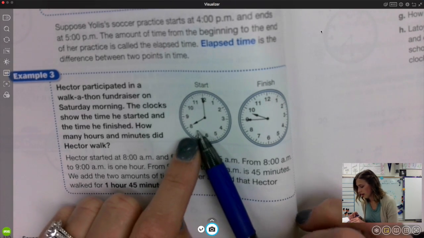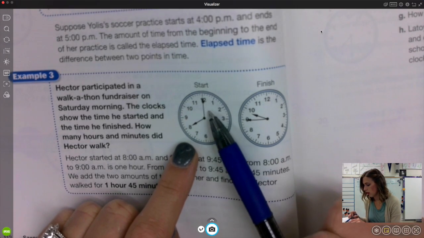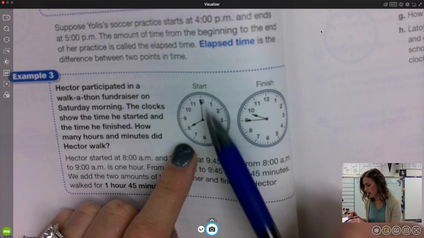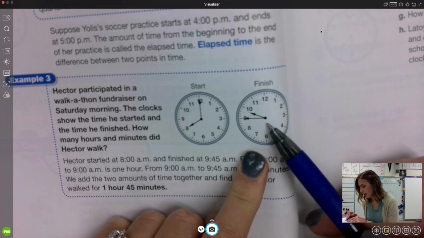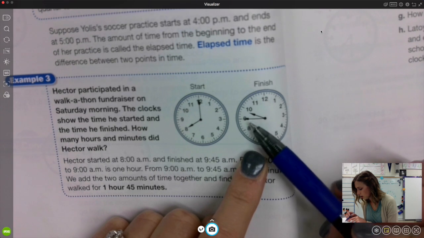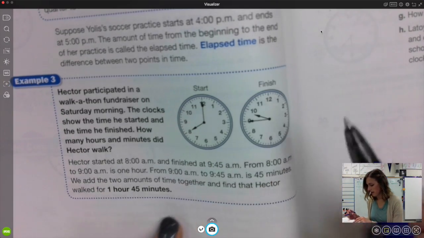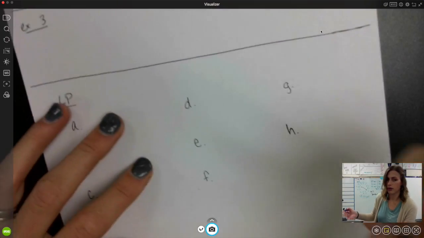Well, he started at 8 o'clock here, right? Short hand's pointing to the 8, long hand's pointing up at the top to 0, so it's 8 o'clock. And then he finished at, see, it's almost to the 10, so it's pointing at the 9, so that would be 45, so it's at 9:45.